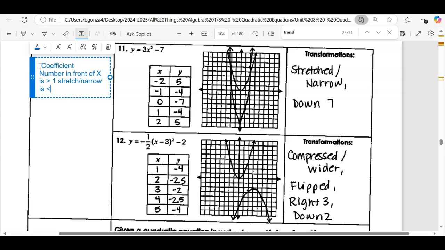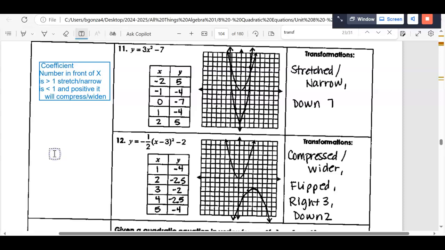If it's between 0 and 1, less than 1 and positive, it will compress, widen. Okay?